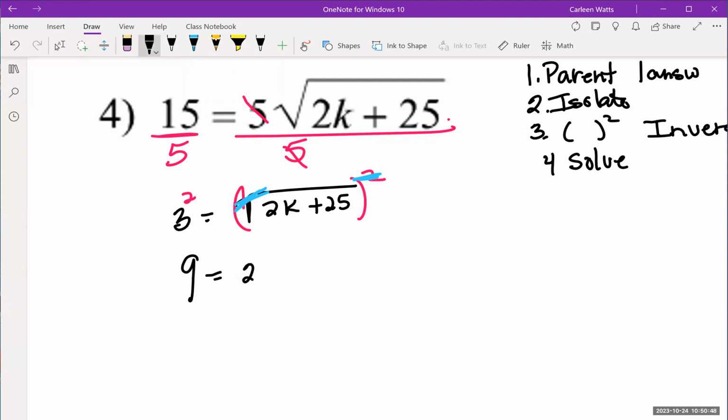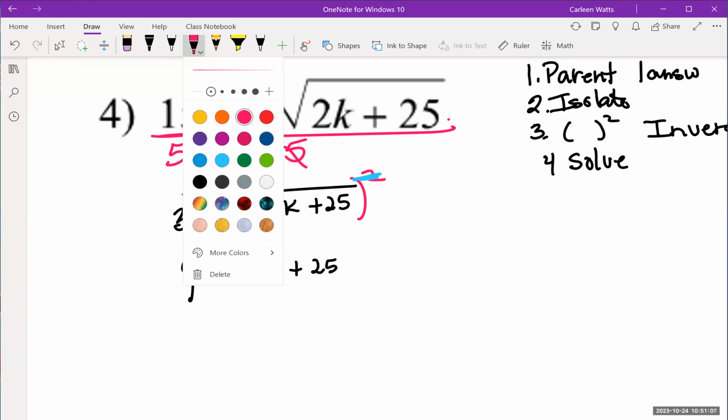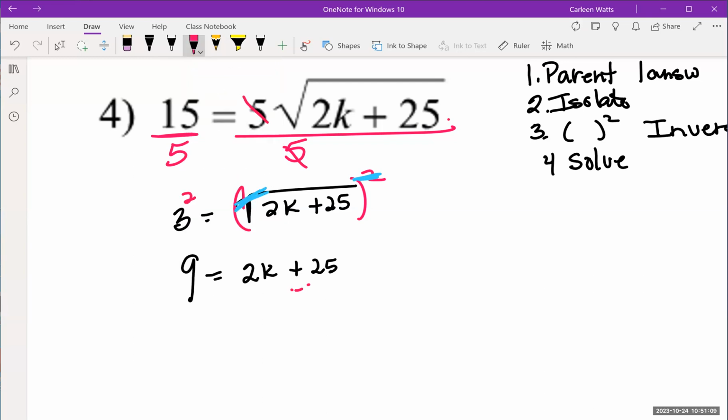Okay, 2k plus 25 are now set free. In order to set them free, you have to square both sides. Okay, next, what are we going to do next? Awesome. Subtract 25.